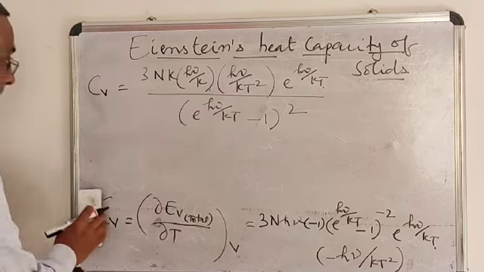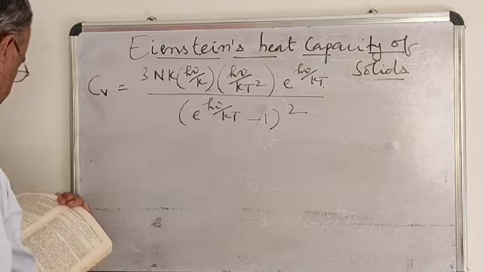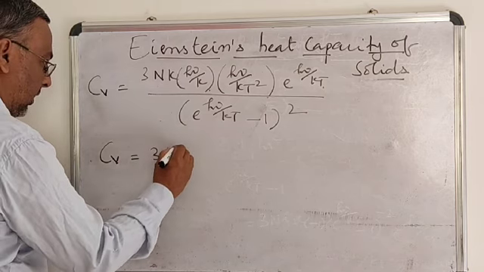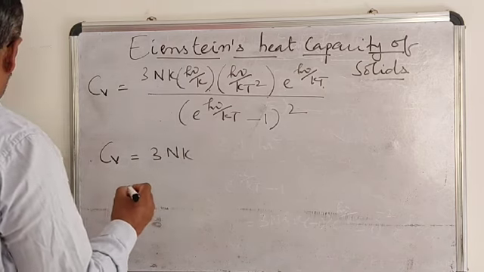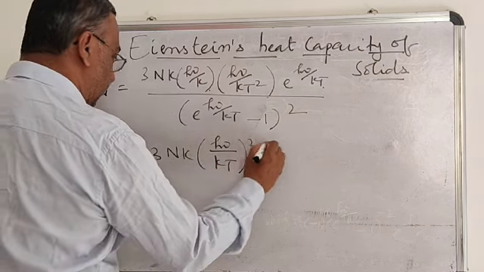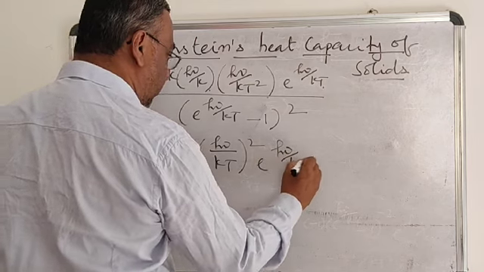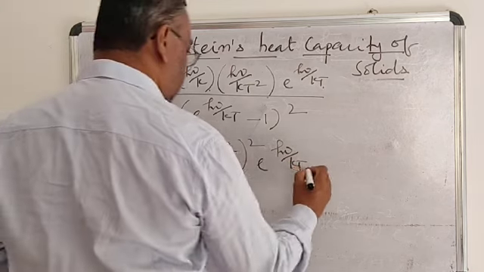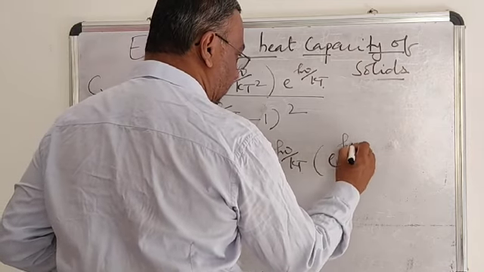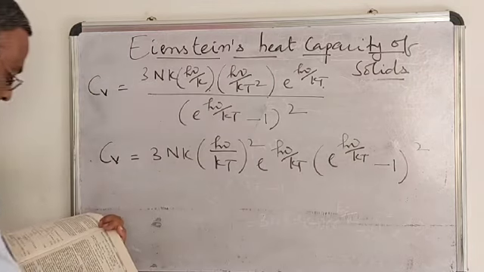Okay, then when I simplify this equation, Cv is equal to 3Nk (hν/kT)² e^(hν/kT) / (e^(hν/kT) − 1)².